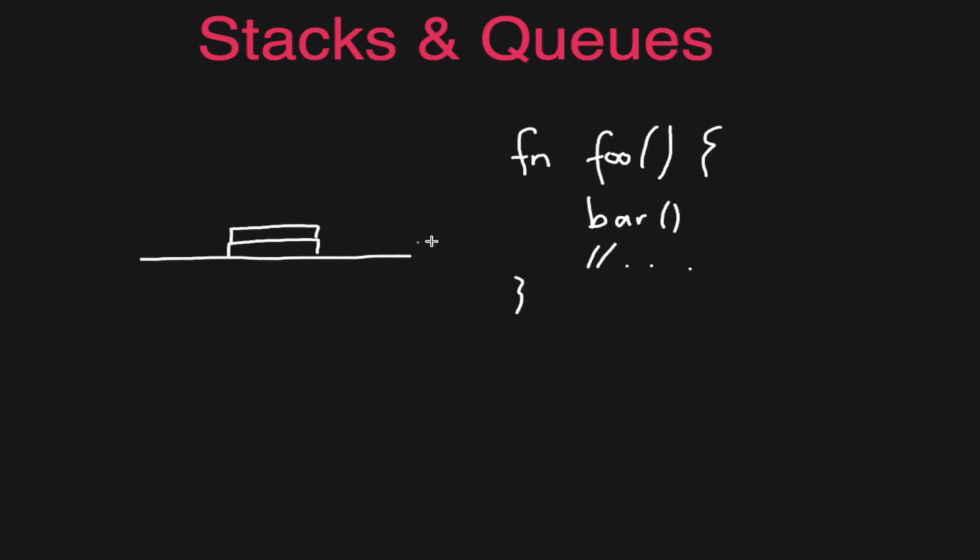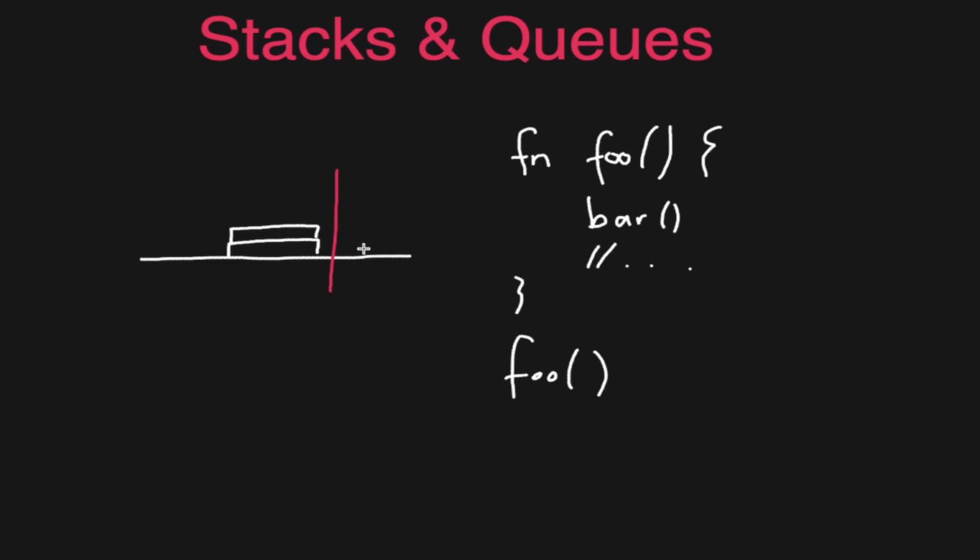What happens is, when our program tries to read this foo function, say that's called somewhere down here, initially there's nothing on the stack. I'm just going to do this to the right here to distinguish it from the book example on the left.